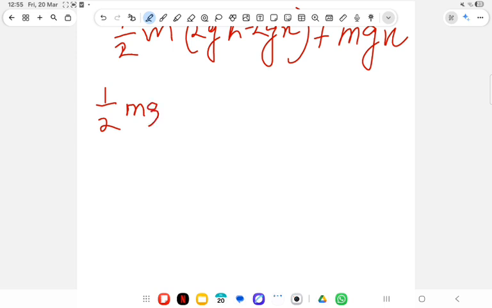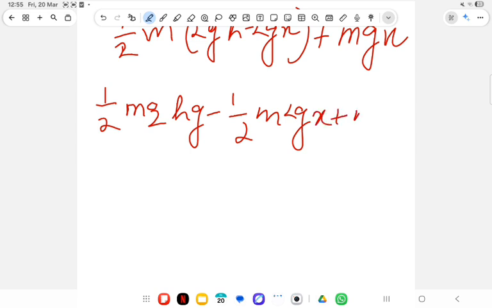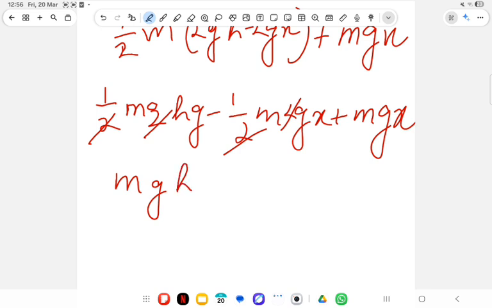half m 2gh minus half m 2gx plus mgx. So the 2 will cancel out and the equation will become mgh minus mgx plus mgx.